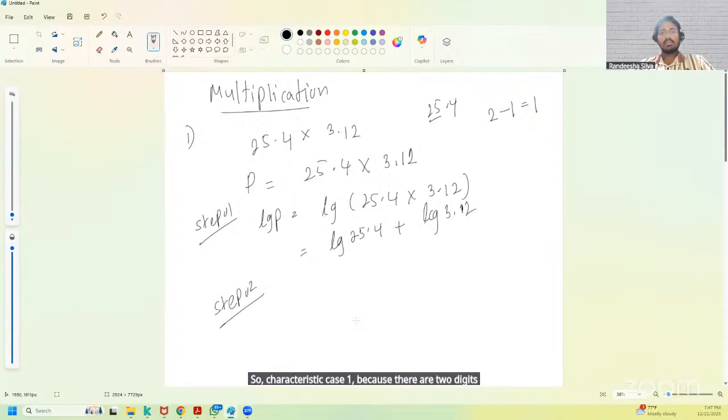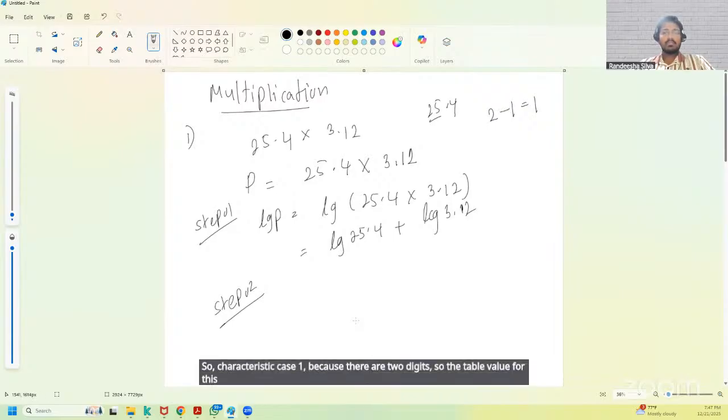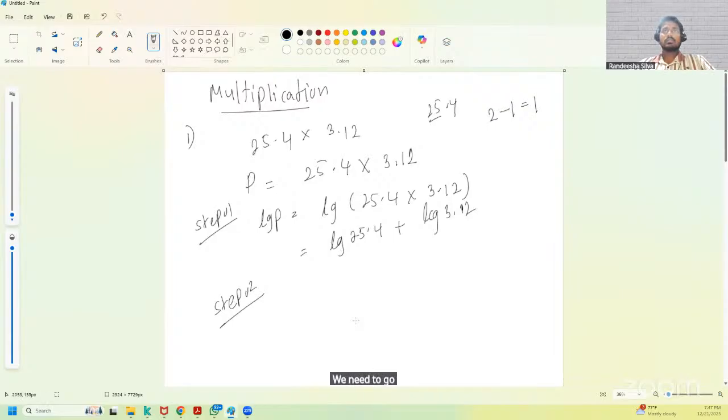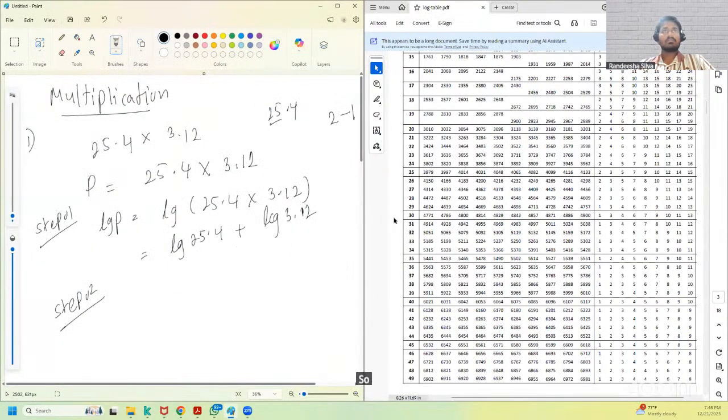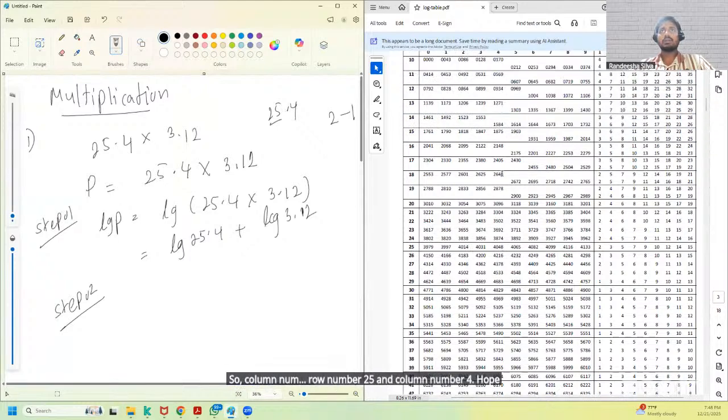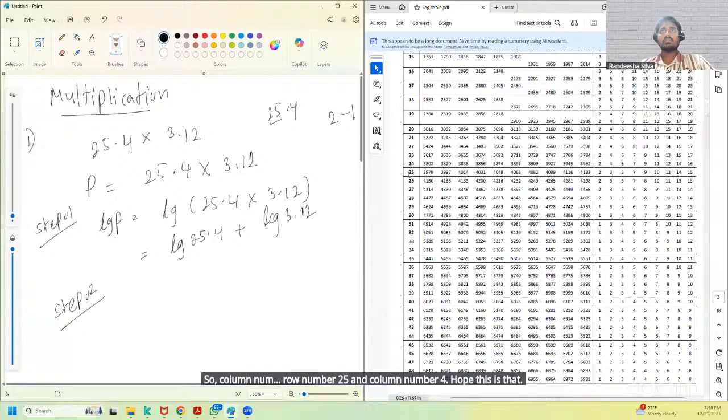So for the table value, we need to go to row number 25 and column number 4. So row number 25 and column number 4. Hope this is it. Yeah, this one, 40, 48.